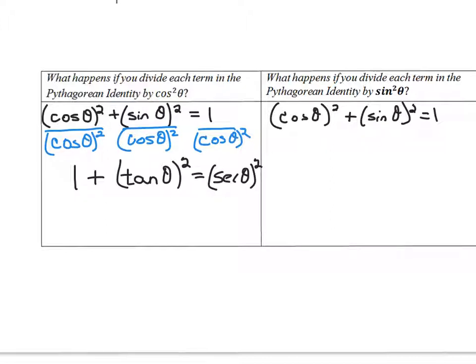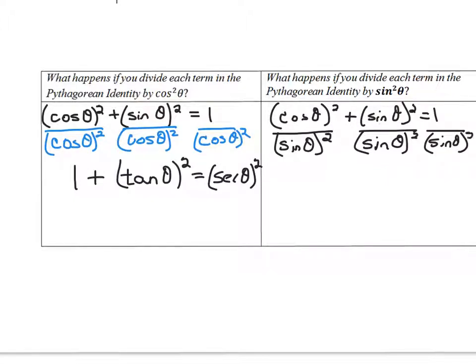It says, what happens if we take each term in the Pythagorean identity and this time divide it by sine squared theta? So again, I'm going back to my original Pythagorean identity, and this time I'm going to divide each and every term by sine of theta squared, or sine squared theta. Doing the same thing to all 3 terms in my identity should preserve equality.